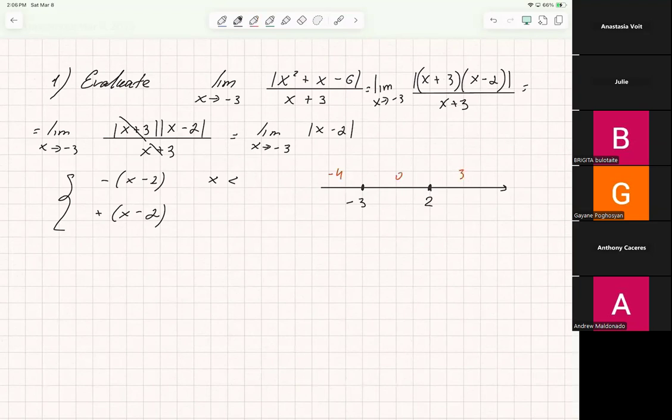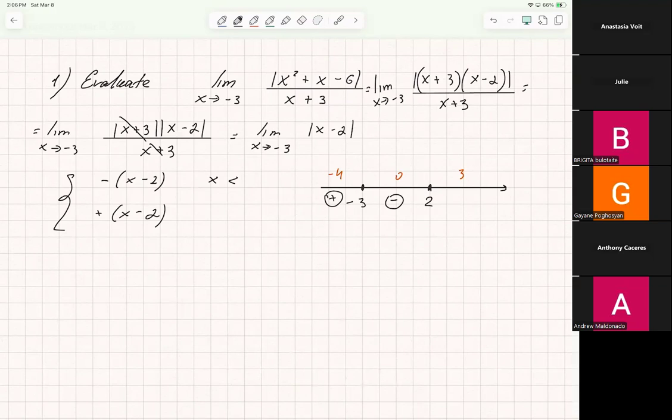So the function will be x squared plus x minus 6. If we plug in -4, we would have 16 minus 4 minus 6. So that's going to be positive here. At 0, we have -6, so that's a negative here.